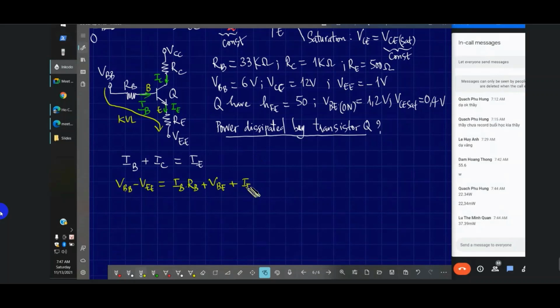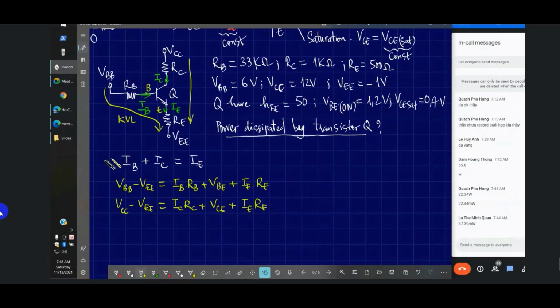Then we have the other KVL, from VCC to VEE: VCC minus VEE equals IC RC, and then from C to E, VCE, and then IE RE, and that is it.